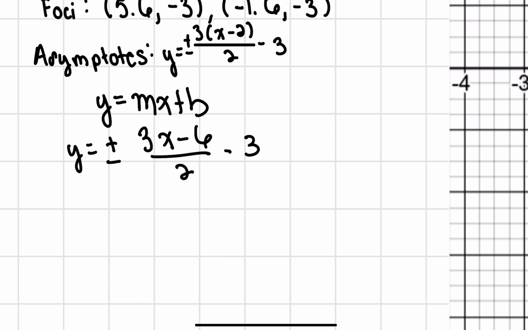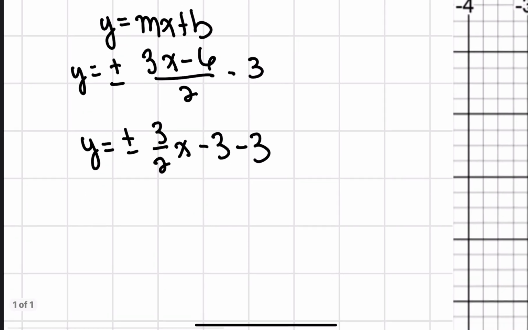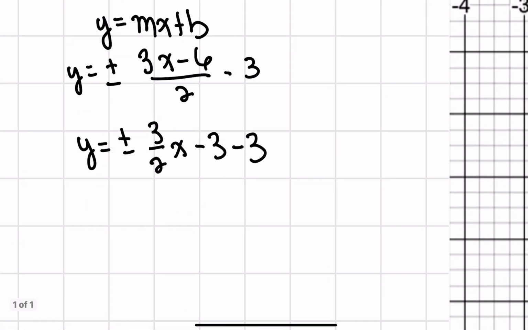Then we divide 2 into 3 and into -6, so we get y = ±(3/2)x - 3, and then minus 3. Then we group like terms, so we subtract 3 from -3, and we get y = ±(3/2)x - 6.